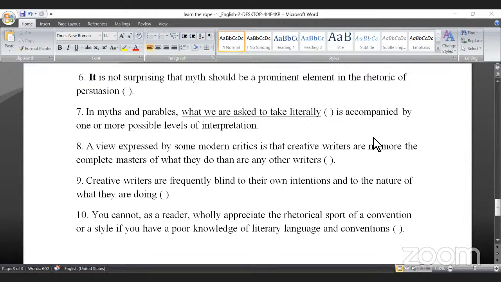Look at the to here. This is something you have to be careful about. Are the to's used here part of an infinitive, to-infinitive? Do you see any verb there? To their own intentions, to the nature. Do you find a verb anywhere there?